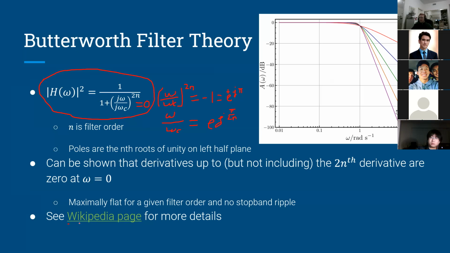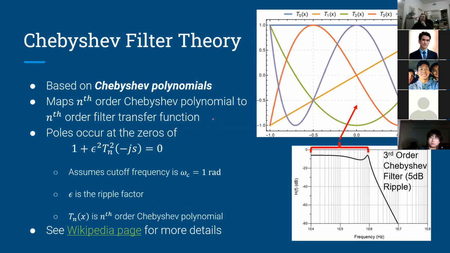Of course, I have the Wikipedia page there for you if you want more information. So onto the Chebyshev filter. The Chebyshev filter is based on Chebyshev polynomials, named after some Russian guy. What it does is map the nth order Chebyshev polynomial to the poles of the transfer function.